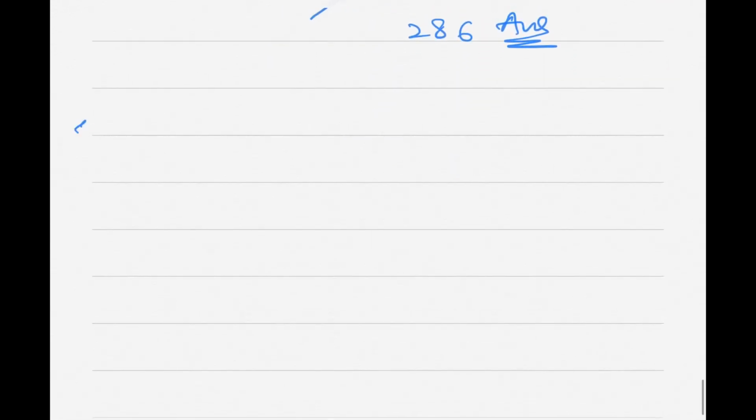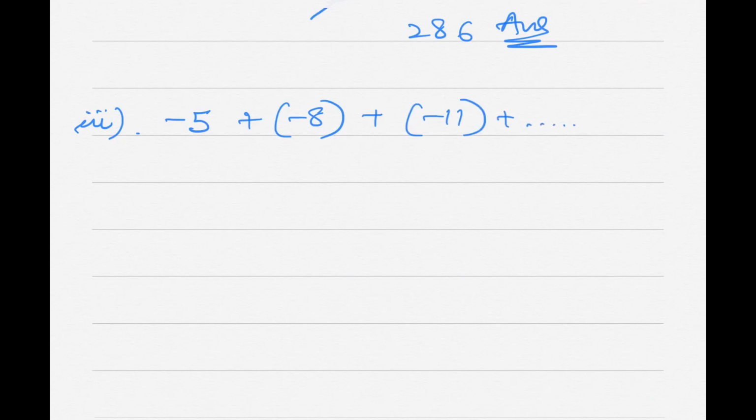Okay, third part now. The third part says minus 5 plus minus 8 plus minus 11 and so on up to minus 230. So the last term is minus 230 here. Now again we'll follow the same thing. First I'll find d.